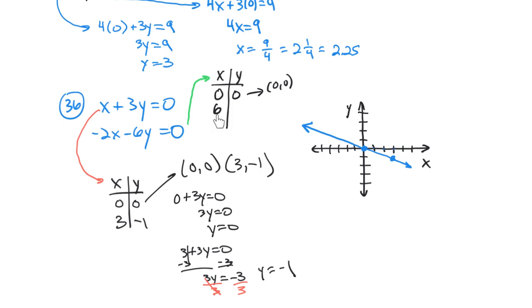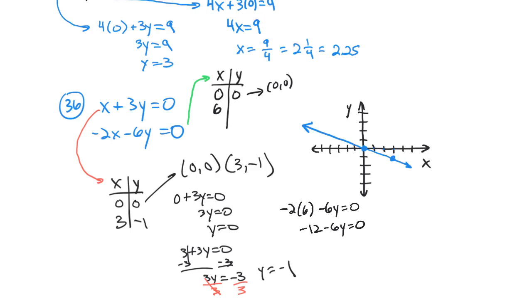So in other words, if I plug in this 6, we're working with this equation. Now if I plug in 6 for x and solve for y, here's what we would get. I'll do this over here where there's some room. You get negative 2 times 6 minus 6y equals 0. This is negative 12 minus 6y equals 0.